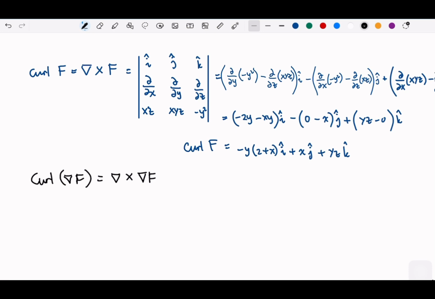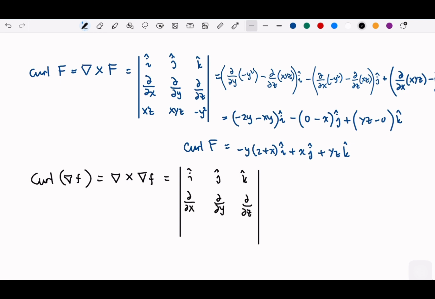Or perhaps let me write the f as just a normal function like that. And then we can make the 3 by 3 determinant. This will be the operator, and the last row will be the del f. So dou f dou x, dou f dou y, dou f dou z.